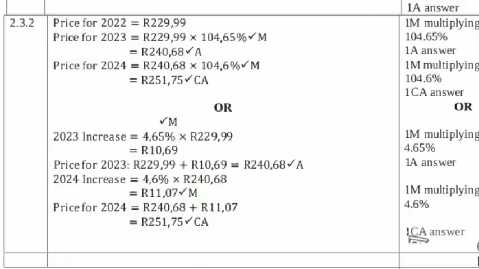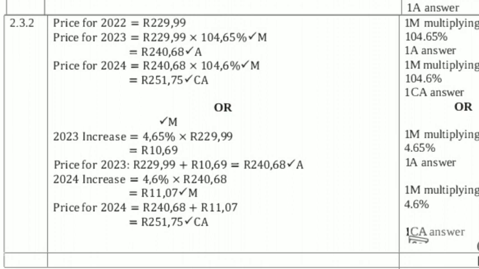Then we say price for 2024, 240.68 multiplied by 104.6%, which is the 4.6%. We just added 100. Then we say equals 251.75. Simple, guys. I've explained this multiple times, guys. It's just that you repeat the same thing on different percentages.